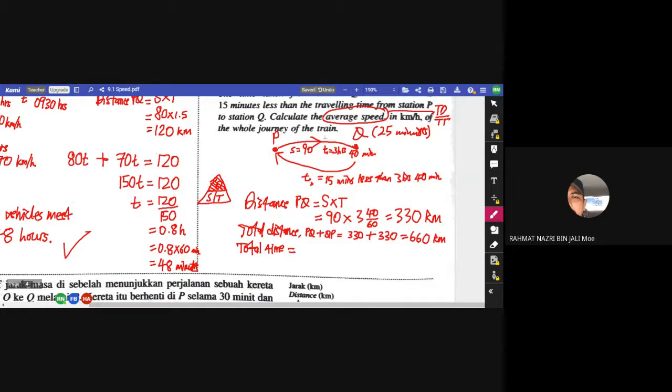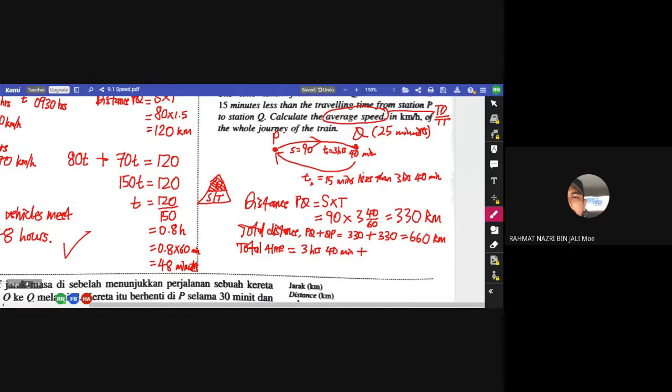So from P to Q is 3 hours and 40 minutes, plus with the time from Q to P. Mau kira dulu ni.